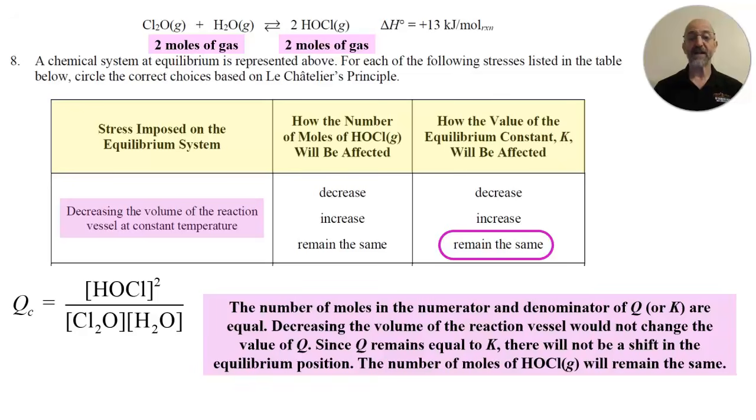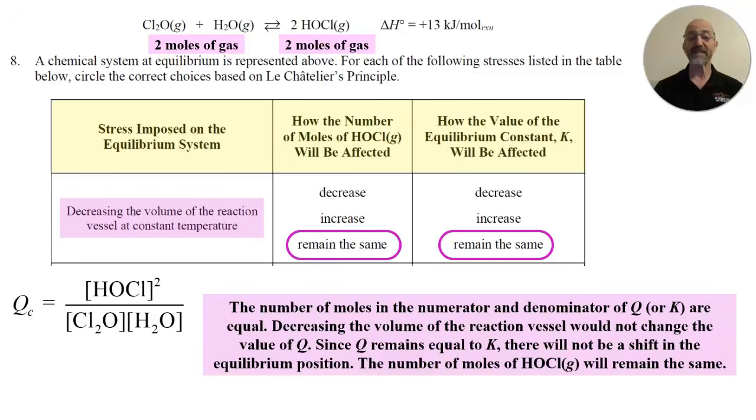So mathematically, if we decrease the volume of the reaction vessel, it will have the same effect on both the numerator and the denominator because we have the same number of moles of gas in the numerator and denominator. So decreasing the volume of the reaction vessel does not change the value of Q. And since Q remains equal to K, there will not be a shift in the equilibrium position. So the number of moles of HOCl will not be affected. So my answer is remain the same for both of these.